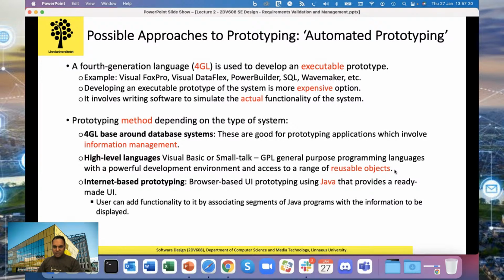This automated prototype can be used as a stopgap system. So for the moment, you can provide this automated prototype. Users can use this until you have the final version or the real software that was intended.